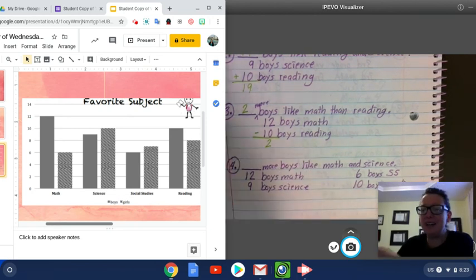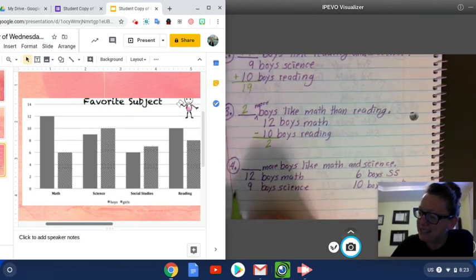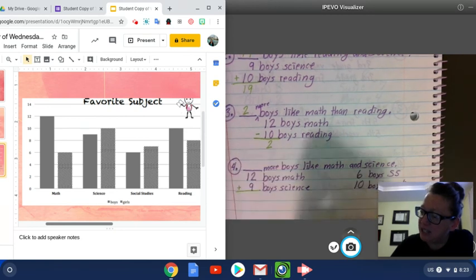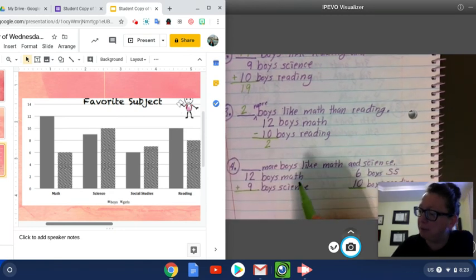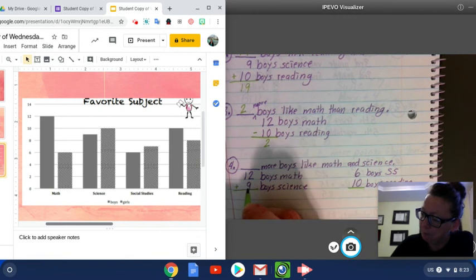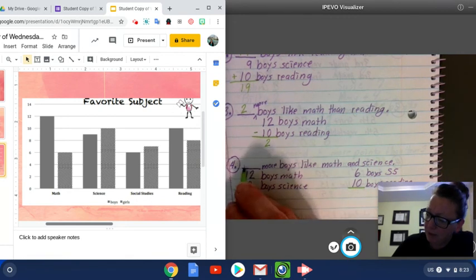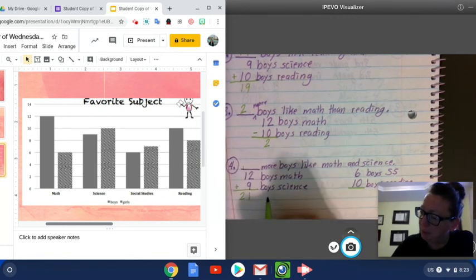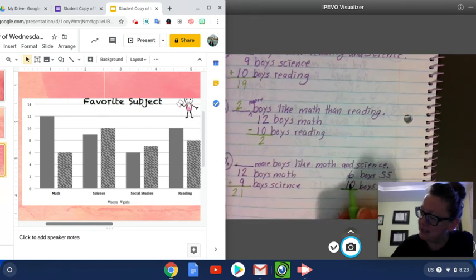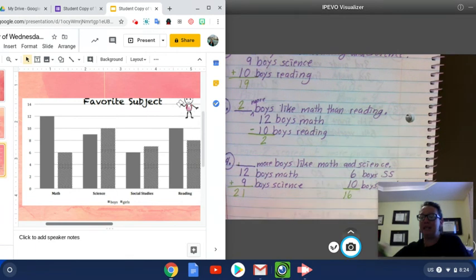Now we're doing math and science, so I need to add each of these together to figure out how many boys like math and science. So I can see that 21 boys like math and science and 16 boys like social studies and reading. But it's asking me how many more, so I'm not quite done yet.